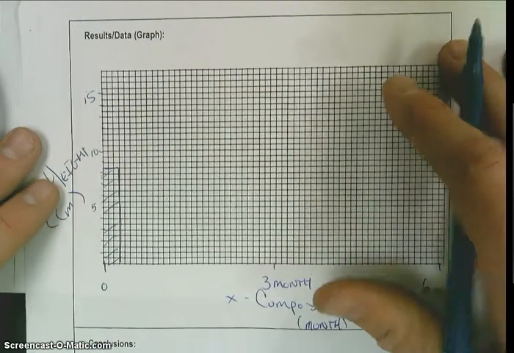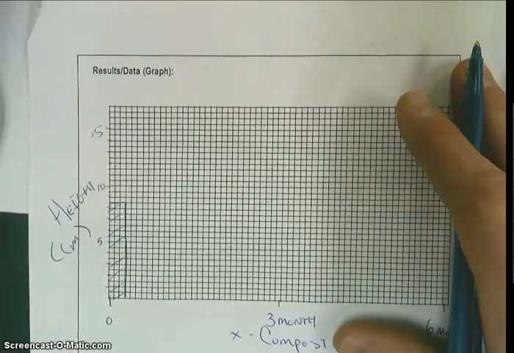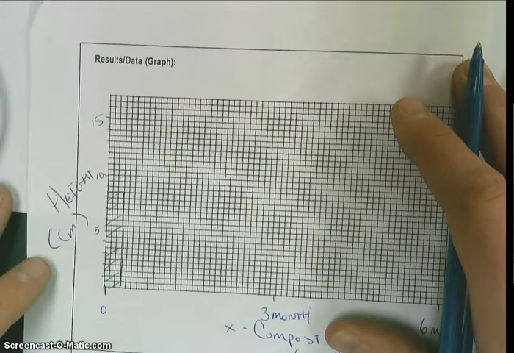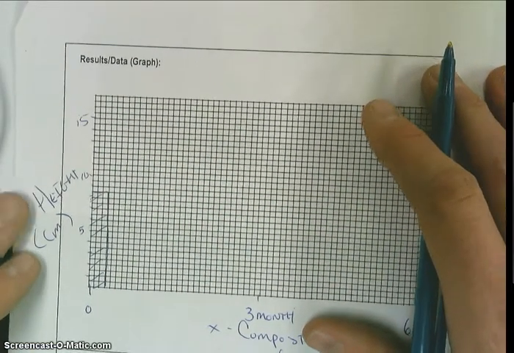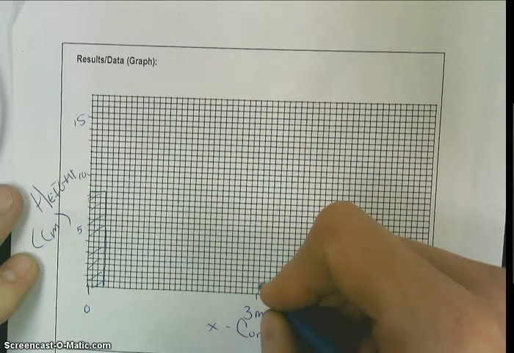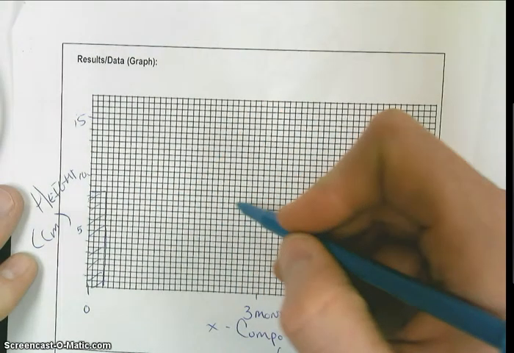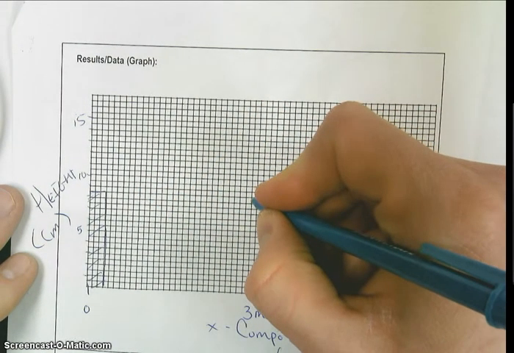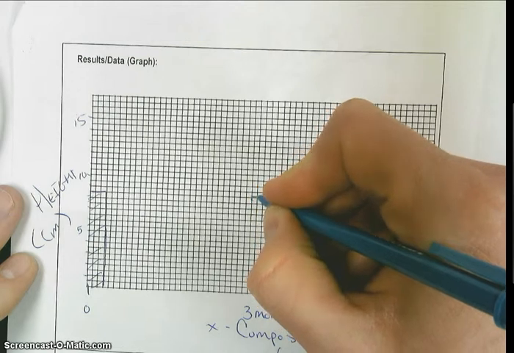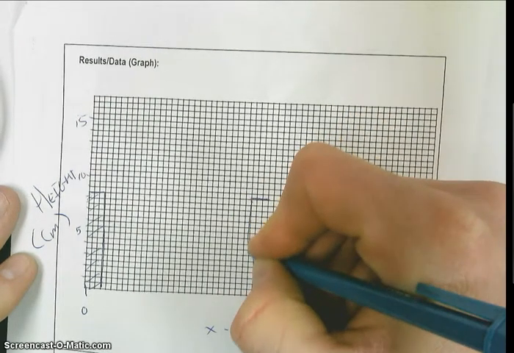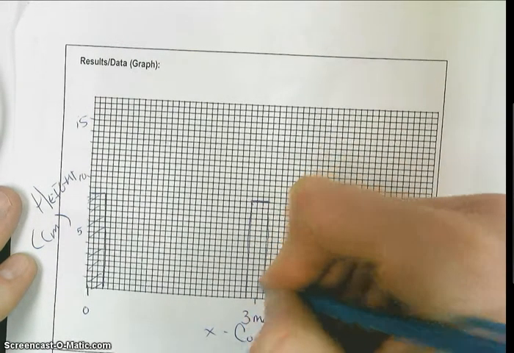Now my 3 month was 8.45. I'm going to find that to be right around here, slightly higher than my 8.43, but not much. These are very similar in height.